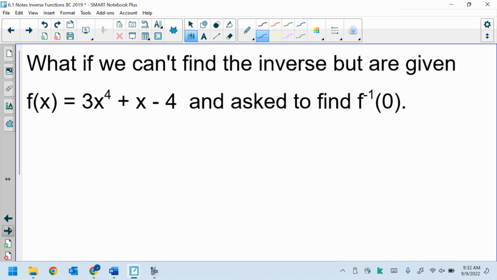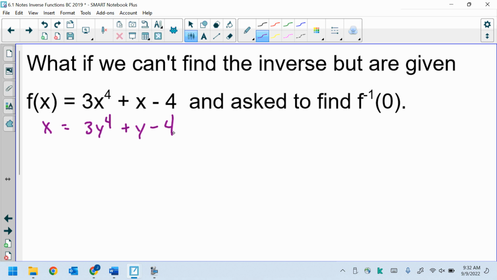Now there are going to be times when it's really, really hard to find the inverse. And don't even write any of the things I'm about to write. Let's see, I'm going to switch the x's and y's. Now try to get y all by itself.